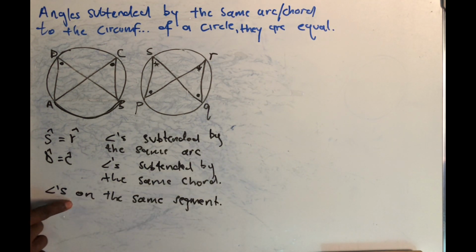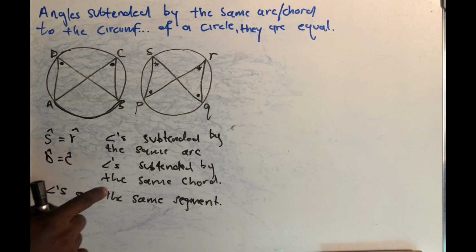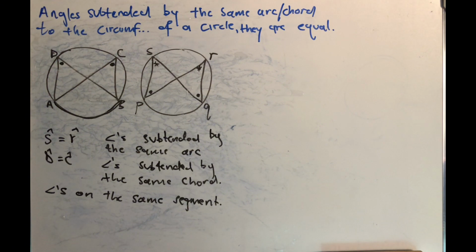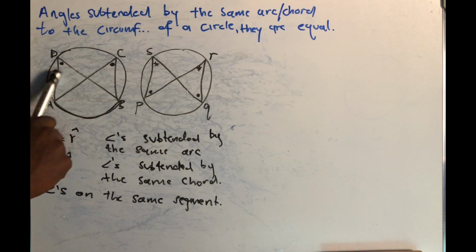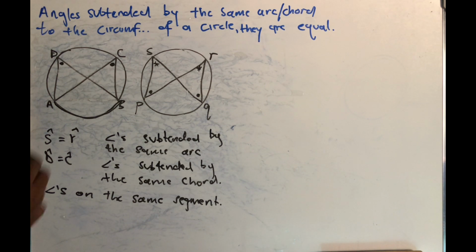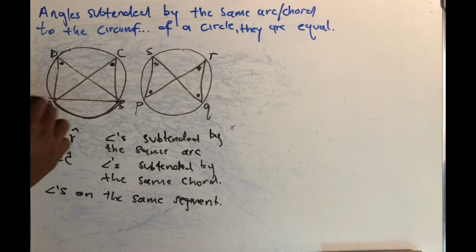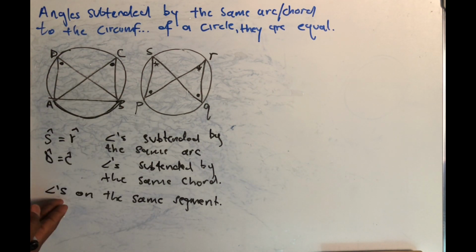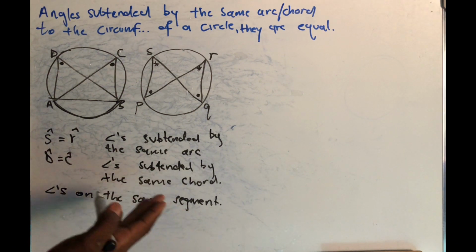This means that they are subtended by the same arc, and it also means that they are subtended by the same chord. So if you don't know if it's an arc or a chord, but you can see that these angles are equal, you don't want to say arc or chord, you can simply say angles on the same segment.